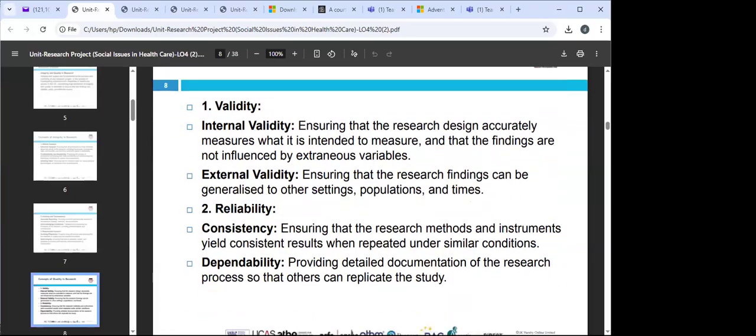External validity: ensuring that the research findings can be generalized to other settings, populations, and times. I did mention that your project work should not be too broad, but very specific.